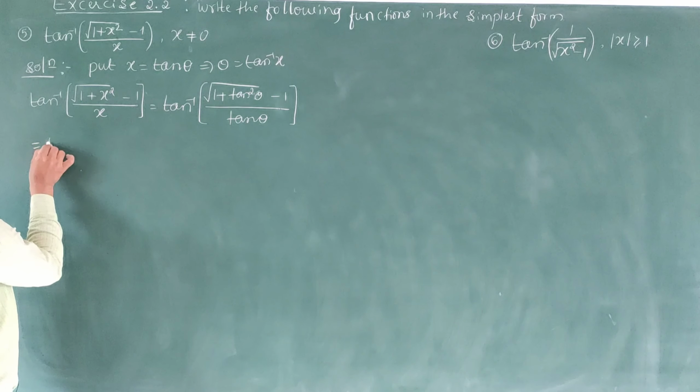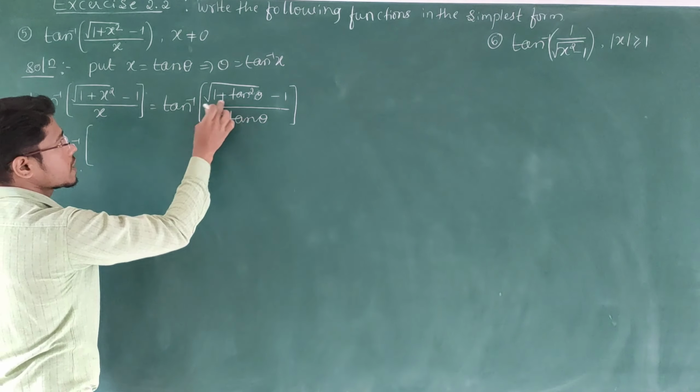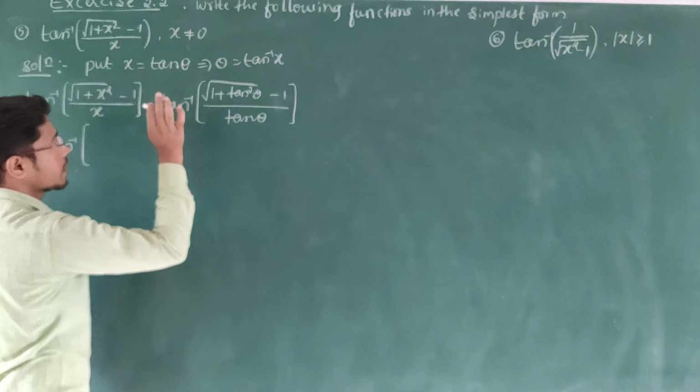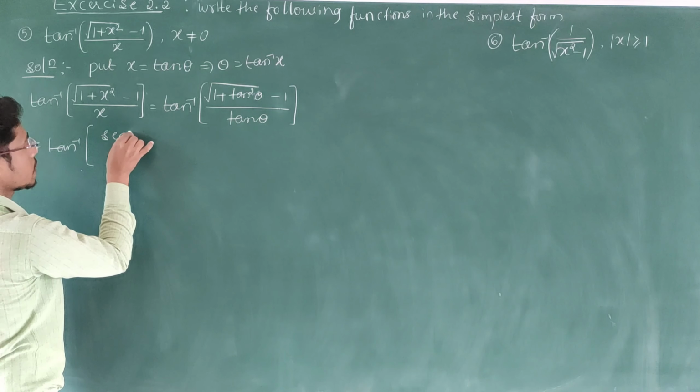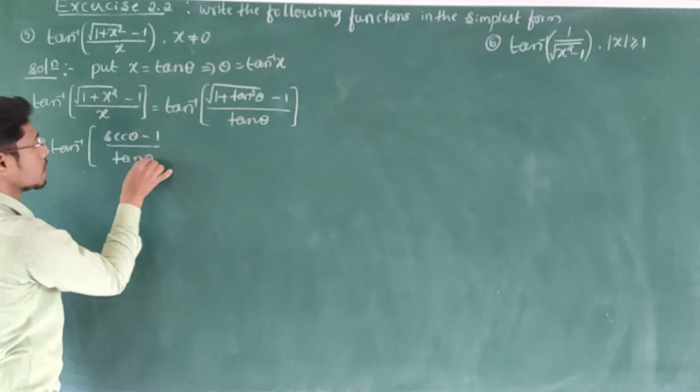This is equal to the tan inverse of 1 plus tan square theta is secant square theta, secant square theta root will get cancelled, it will become sec theta minus 1 divided by tan theta.